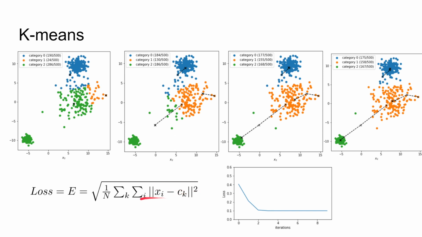I'm going to compute that distance, add that up for all of the points within a category, and then also over all the categories. Divide by my total number of points, and then I like taking a square root of all that so that the units are the same as whatever I'm measuring distance in on my plots.